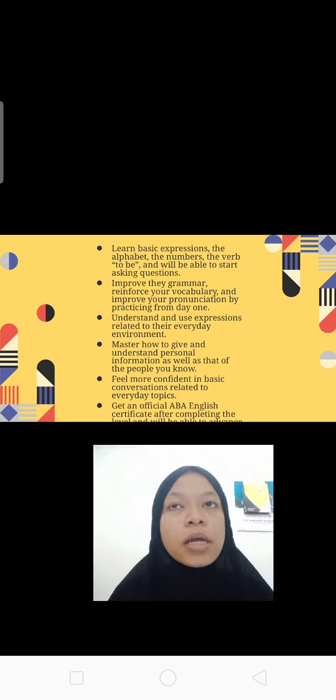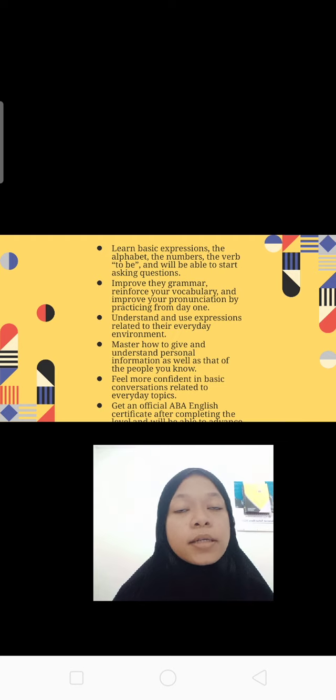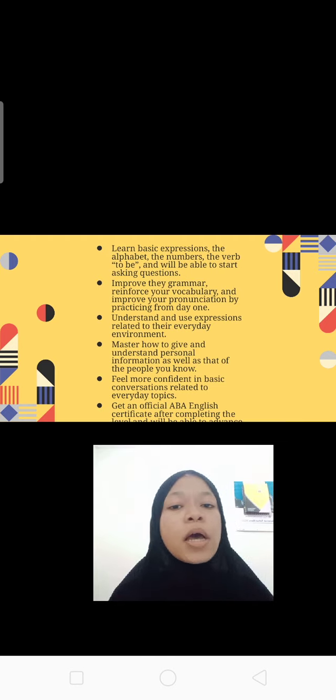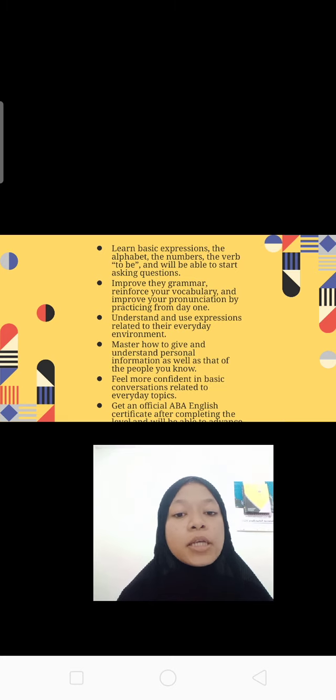And then students will improve their grammar and vocabulary, and improve their pronunciation by practicing. And then students can understand and use expressions related to their everyday environment. And then master how to give and understand personal information as well as that of the people you know.